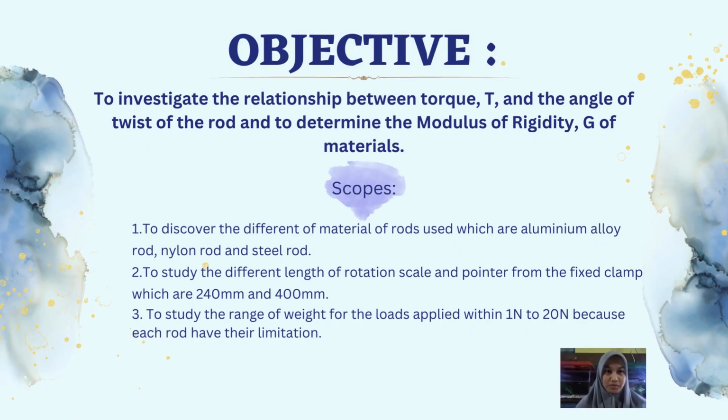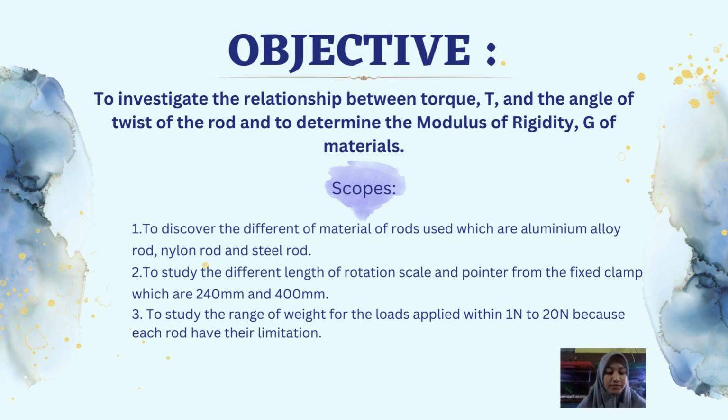Objective for torsion bar experiment: to investigate the relationship between torque and the angle of twist of the rod and to determine the modulus of rigidity of materials. Scope from the objective: to discover the difference of material of rods used, which are aluminium alloy rod, nylon rod, and steel rod.